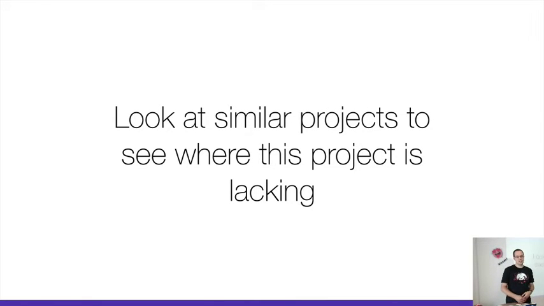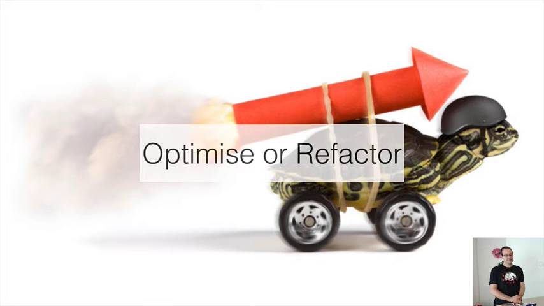You can look at similar projects to see where the project is lacking. You might find that you're using a project that you really love, with rave performance, but it's missing feature X from this other library that you don't really like, but which has this feature. So you could suggest adding that feature to the library that you actually want to use, so you get the ideal solution.